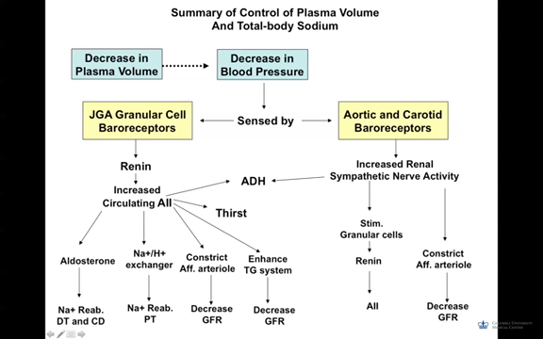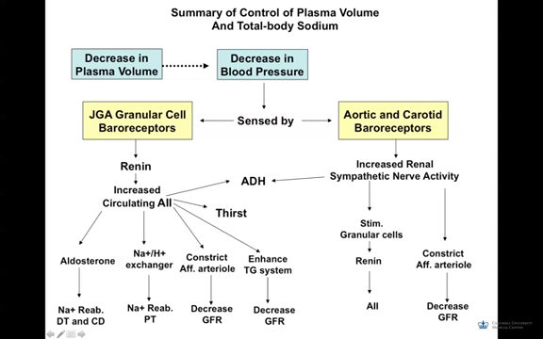The aortic arch and carotid sinus baroreceptors are going to be very sensitive to when the blood pressure first drops. And when they sense that first drop, they're going to increase sympathetic stimulation to the afferent arteriole and decrease GFR.